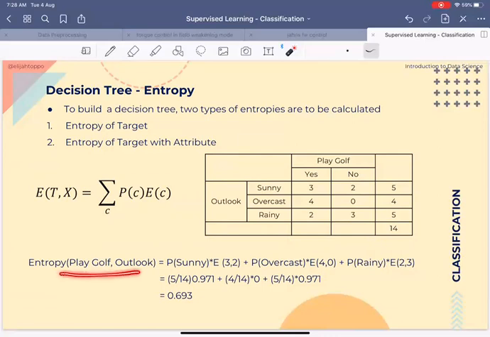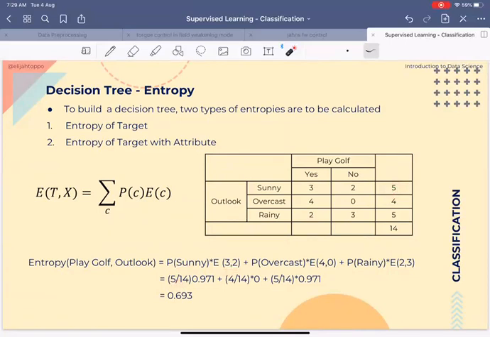This formula would evaluate to probability of sunny multiplied by the entropy of the target when it is sunny, plus probability of overcast multiplied by entropy of the target for overcast, plus probability of rainy multiplied by entropy of the target for rainy. Okay. So you put here sunny, we get 5, so 5 by 14 multiplied by E(3,2).